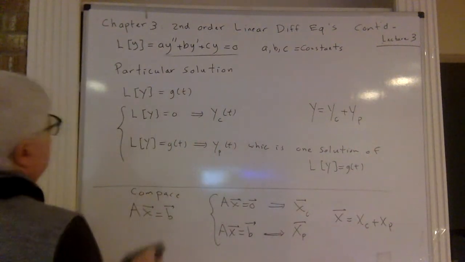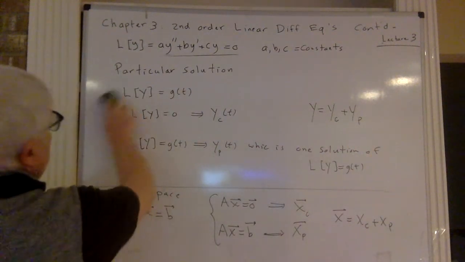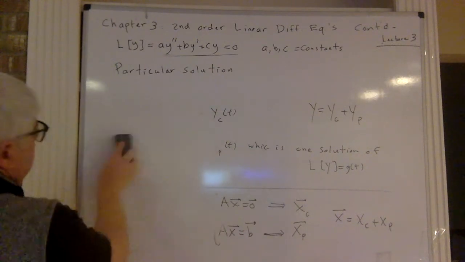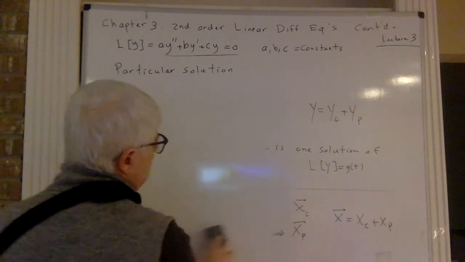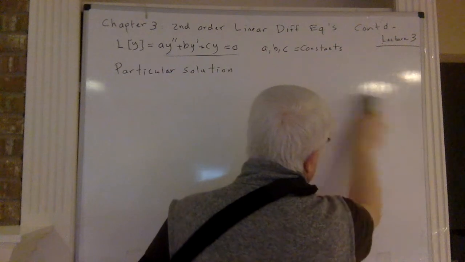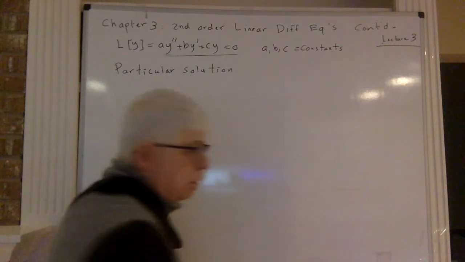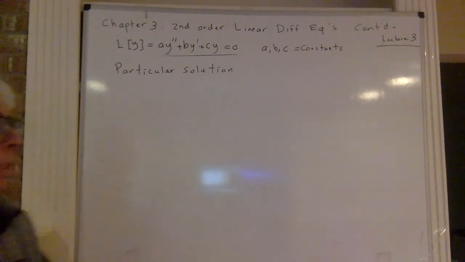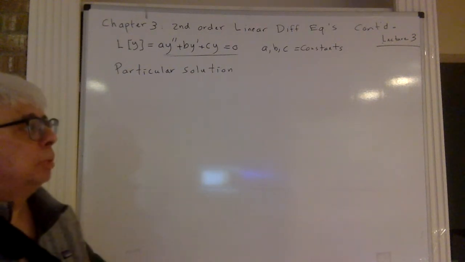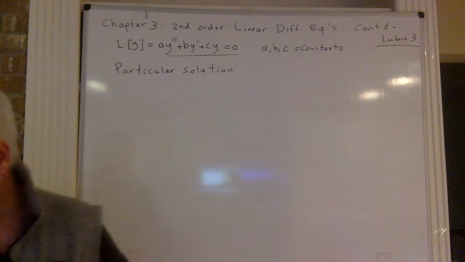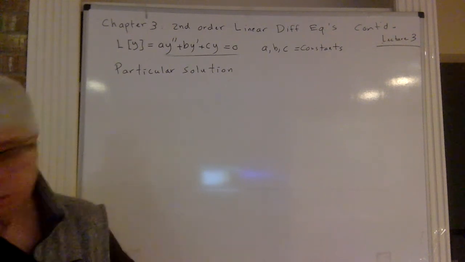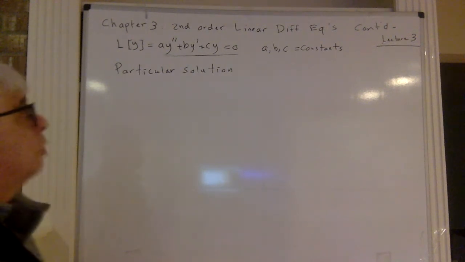Okay, so there are different ways to find a particular solution. If g(t) has a certain form, then the easiest way to do it is using a method called the method of undetermined coefficients.